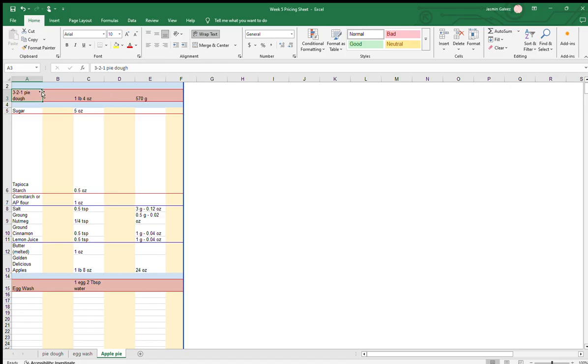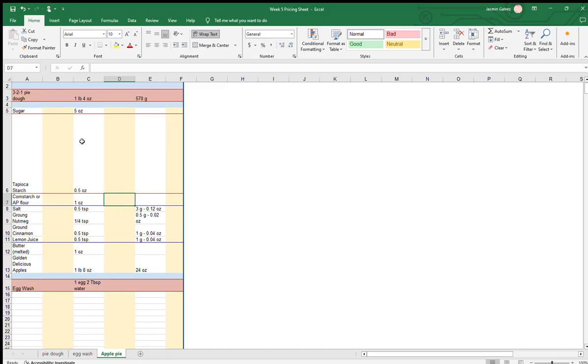You don't need to think of this anymore because we already have the total. We have the egg wash. You don't need to think of this anymore because we already have the total. Now we need to focus on the sugar, tapioca starch, cornstarch or AP flour, salt, ground nutmeg, ground cinnamon, lemon juice, butter, apples, and that's it.